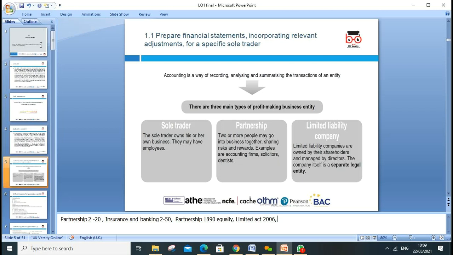But if you want to be registered as a PLC, there are more documentary requirements, because a public company can issue shares to the general public, and they need at least £50,000 worth of investment. They have to show they have investment of £50,000.